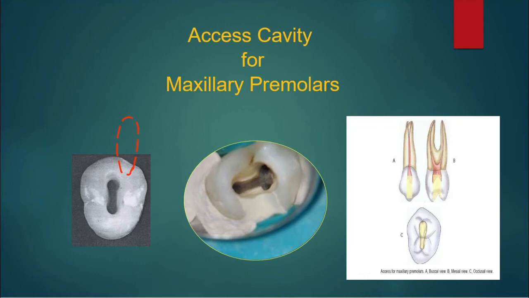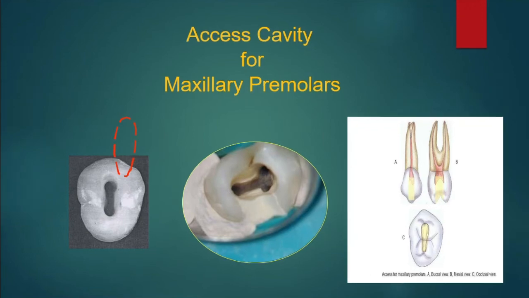Now, the access cavity for the maxillary first premolar is usually oval in shape. It's wide buccolingually, narrow mesiodistally, and centered mesiodistally between the cusp tips. Sometimes the maxillary premolar has three canals.